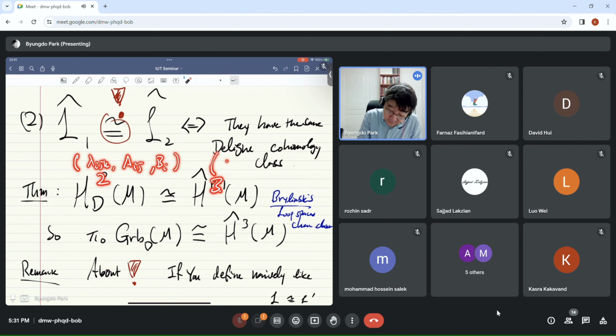Then here you have some integral degree 3 cochain, and then you have some homotopy one degree less, and then you have a degree 3 form, establishing a correspondence between them.